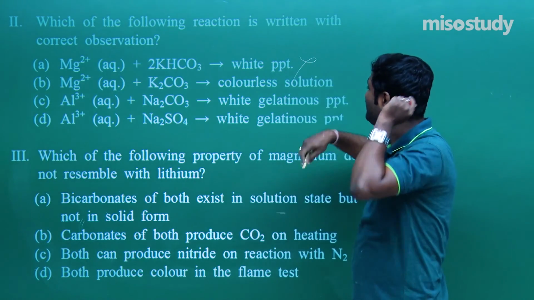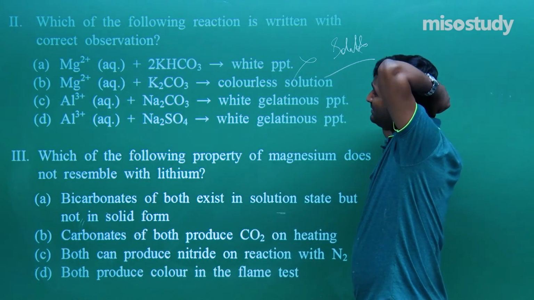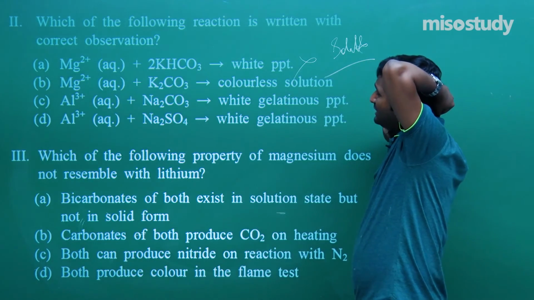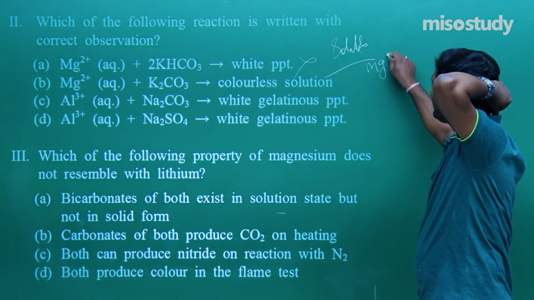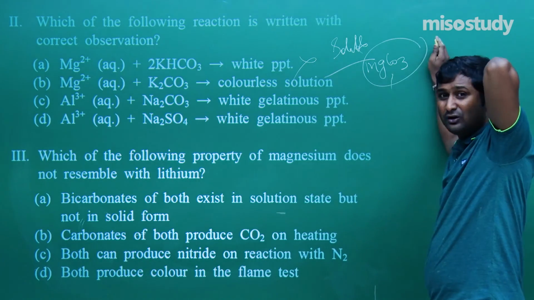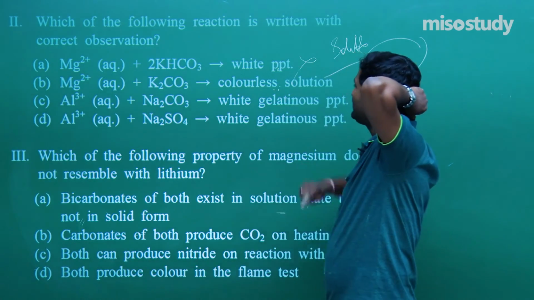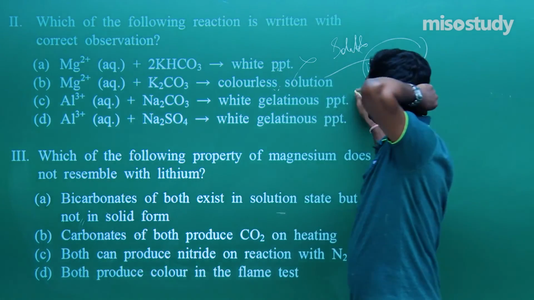So not a white ppt, this is soluble, so this is not a correct observation. MgCO3 as a colorless solution is wrong, it is not a solution, it is insoluble in water. If there is a white ppt and a solution, then it is good. So A and B are not correct.